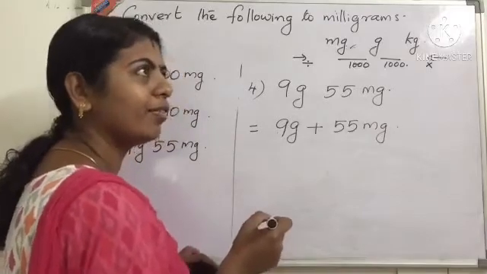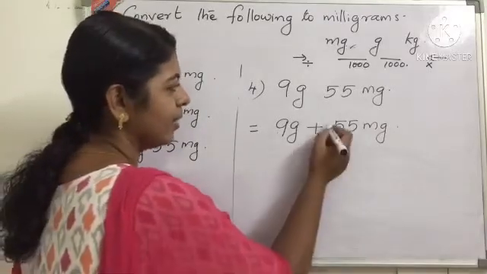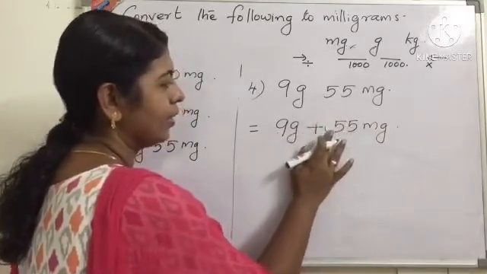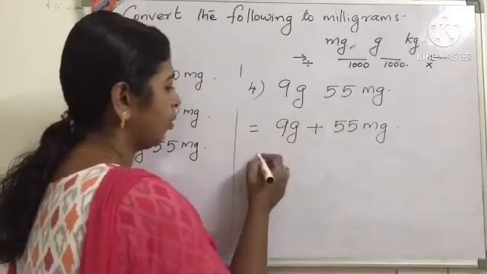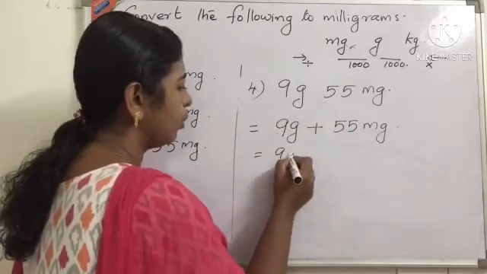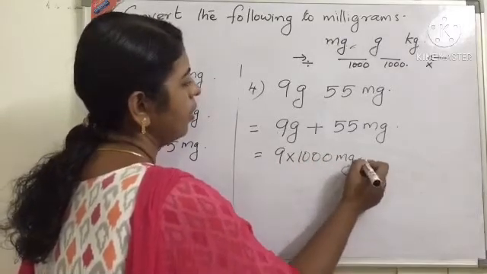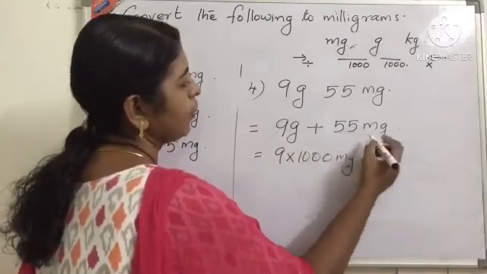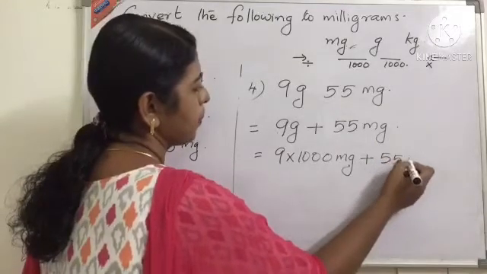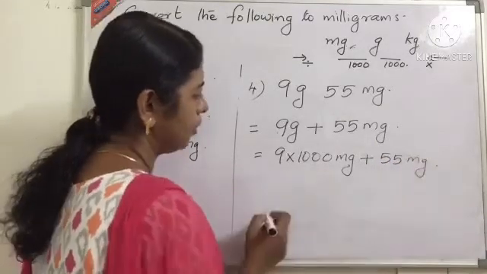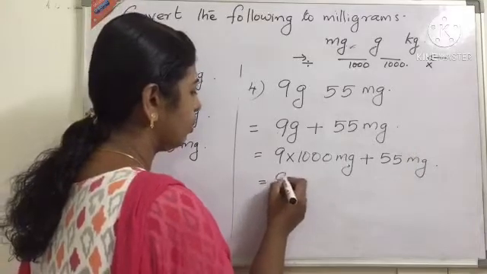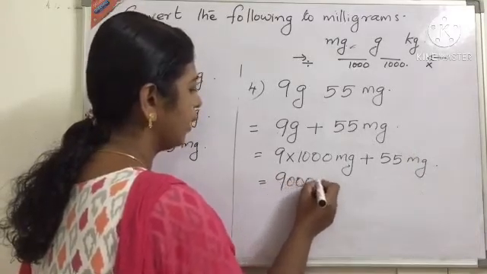Then now we can avoid all these. Okay, 9 into 1000 milligram plus 55 milligram.